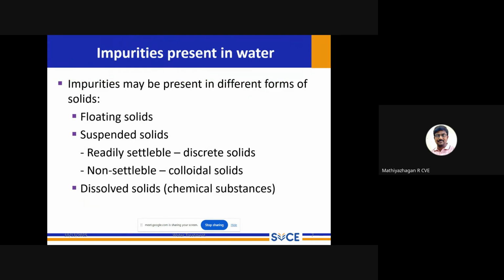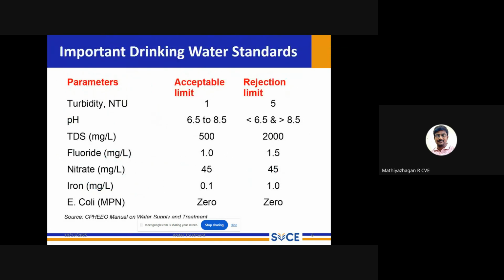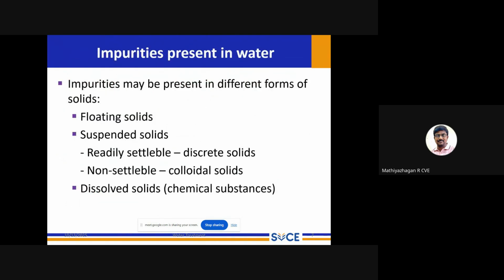These are the different impurities classified based on their physical, chemical, and biological characteristics. We simply say in the form of solids, yes, the raw water contains floatable solids. Whenever we see any kind of lake, pond, or river water, a person who does not have any knowledge can easily identify that the water is contaminated, or what kind of things are present in the raw water.